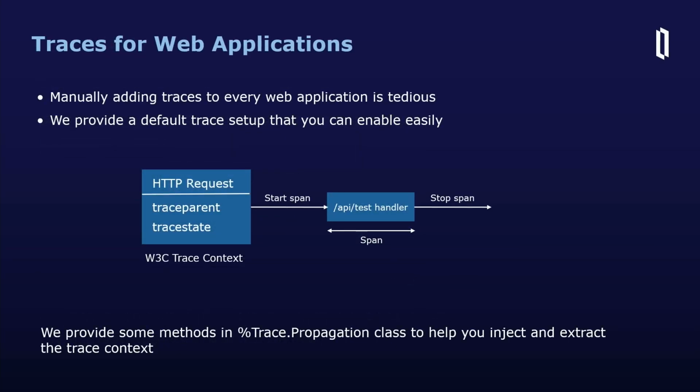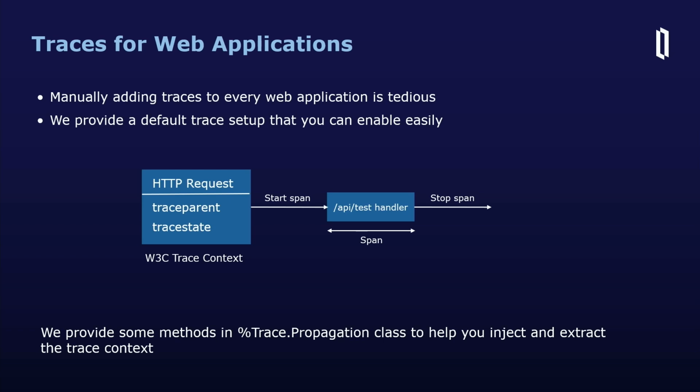So next, I will talk about the first feature, traces for web applications. Why we have this is because for traces, you have to manually write code to emit the traces, but manually adding traces to every web application is a tedious process.